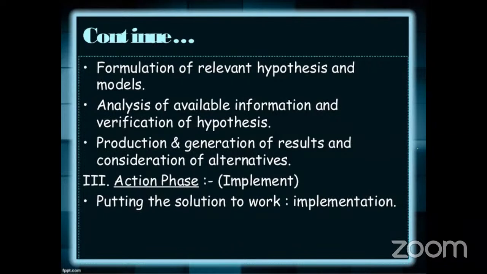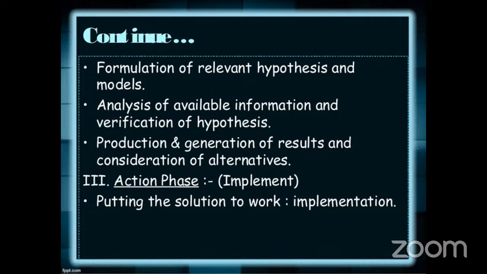Within the three phases, we will find out the problem. We will get the information. We'll collect all the information, put it in a systematic manner and get the solution. That solution we are putting in the actual business. That is the action phase, we can say. So all these things are in the form of numericals only.